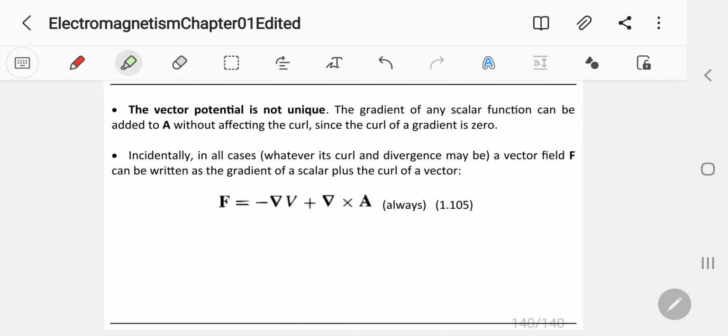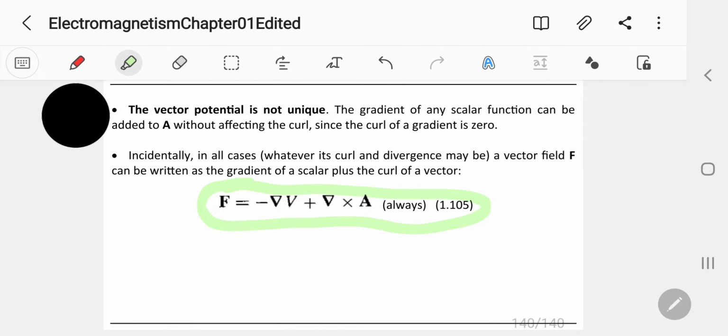So looking at the theorem, F can actually be written as a gradient of a scalar plus a curl of a vector. So anyway, this ends the chapter. We will proceed with the next chapter in the next lecture.